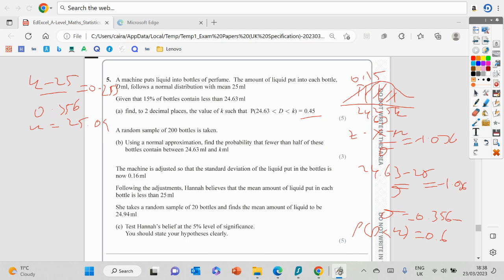Alright, part B. So, normal approximations, we know that Y follows a binomial of 200, 0.45. N is large, P is close to 0.5, so this stands. We can rewrite this as W follows a normal of N times P, so 200 times 0.45, well, that's quite quick, that's 90.